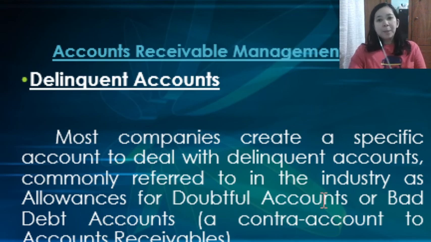But there are cases where, over a longer period of time, we can recover those accounts if the customer pays later on. All we have to do is reverse this one. So there are also accounting procedures appropriate for the recovery of our doubtful or bad debt accounts.